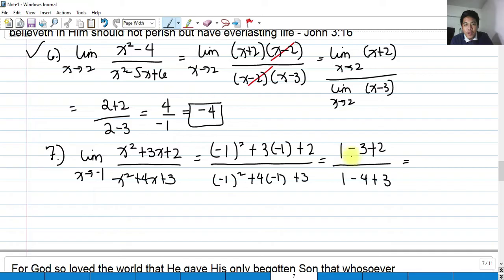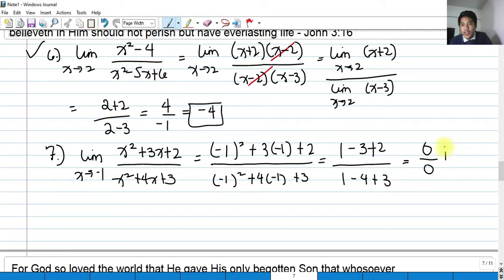So we have here 1 minus 3 is negative 2 plus 2, that would be 0 on the denominator, and 1 minus 4 is negative 3 plus 3. Oh, we have an indeterminate form. So there must be a way to solve this.